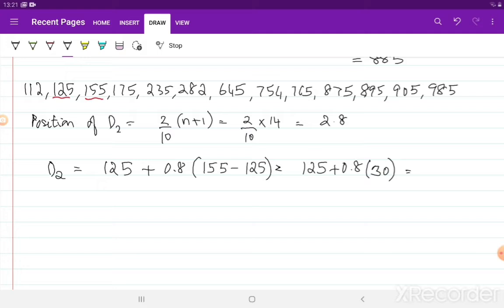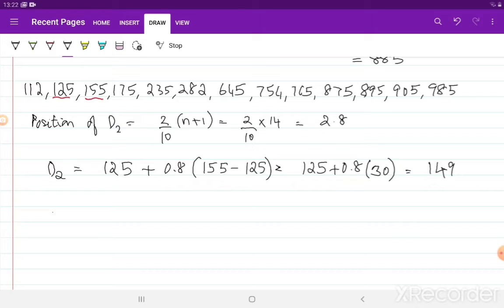So that's 0.8 times 30, which is 24, and 125 plus 24 will be 149. So, 149 is the value of the second decile. Remember, D2 means below 149 there will be 2/10ths of the total number of observations, and above 149 there will be 8/10 of the remaining observations.